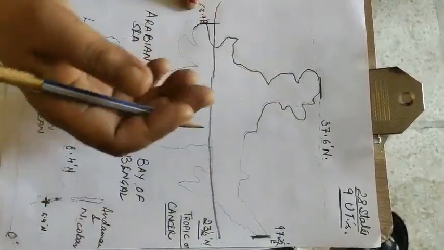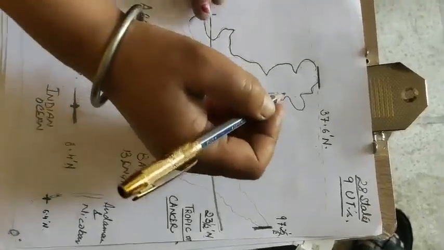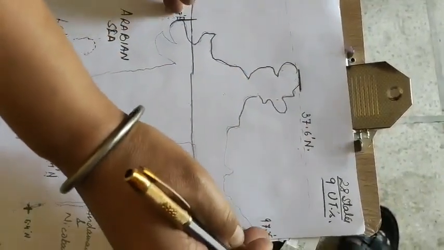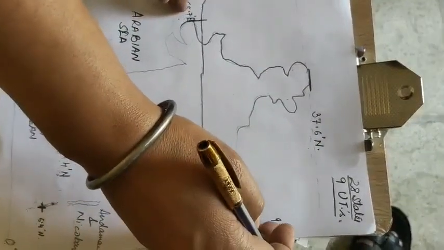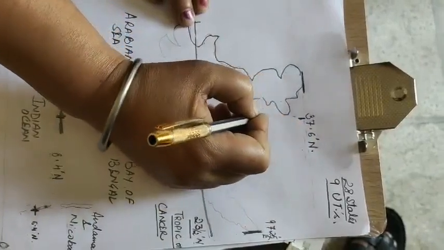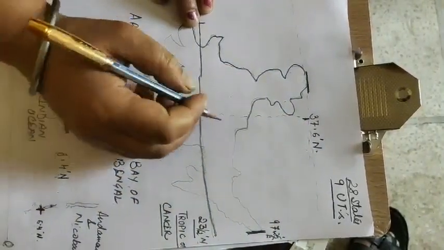So to avoid this, we have one standard meridian that is passing through the middle of it. We have taken the center of these two longitudinal extents and it comes somewhere around over here, passing through Uttar Pradesh.